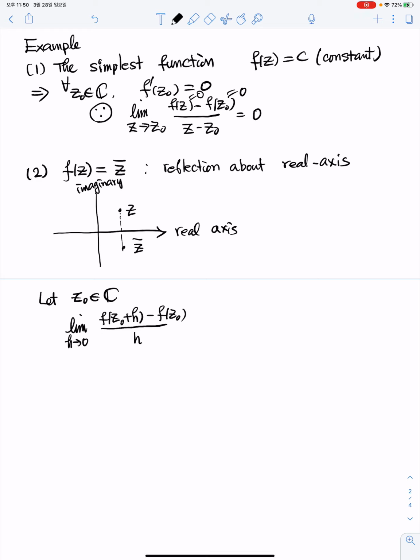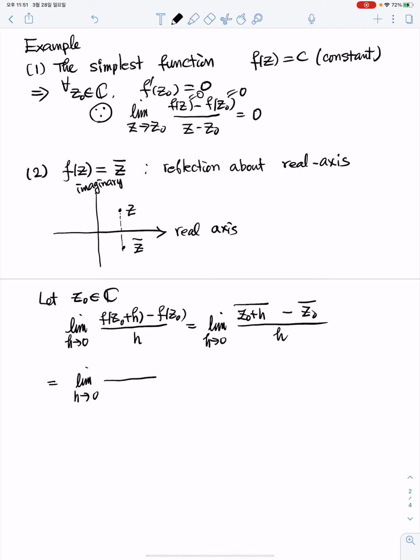So then this one equals the limit as h goes to 0 of conjugate of (z0 plus h) minus conjugate of z0, over h, by definition. And then by the property of the conjugate, you can split into two pieces.